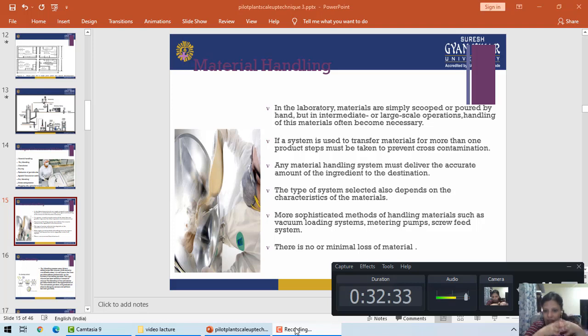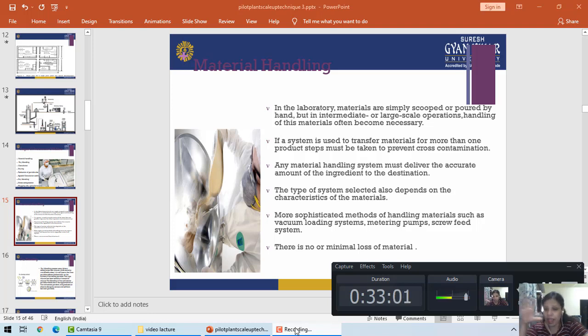Any material handling system must deliver an accurate amount of the ingredients to the destination. So any material which we are handling should be delivered in accurate amount. This is the main thing, that we should weigh it and properly transfer it, so that the accurate amount is transferred. Some drugs are very potent, where we have to take mgs and micrograms, so there should be accuracy.